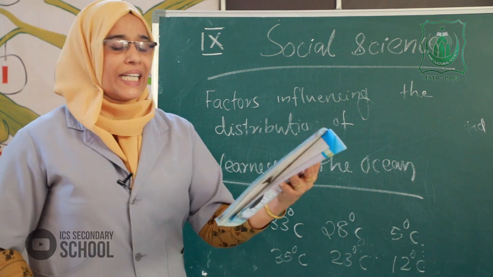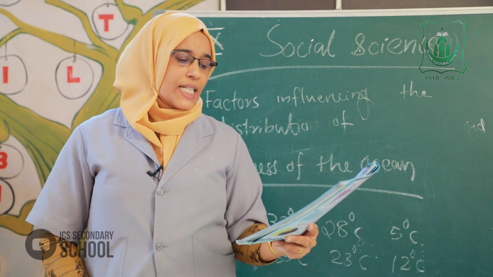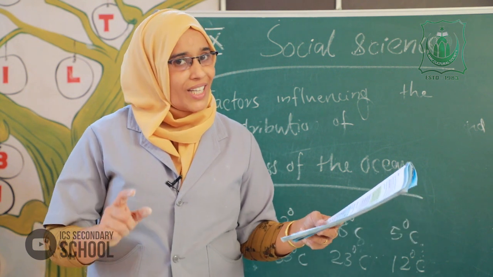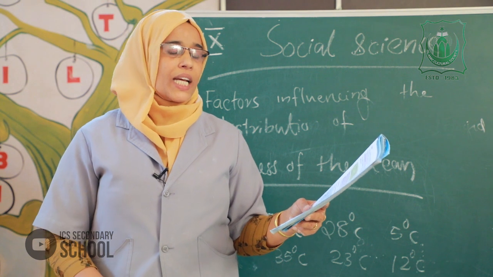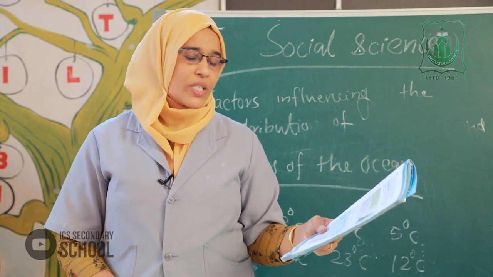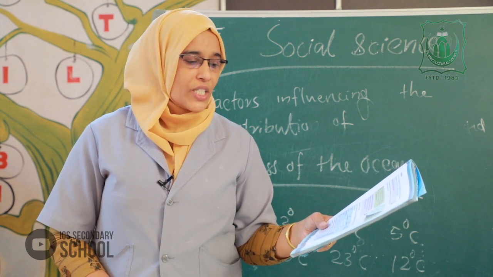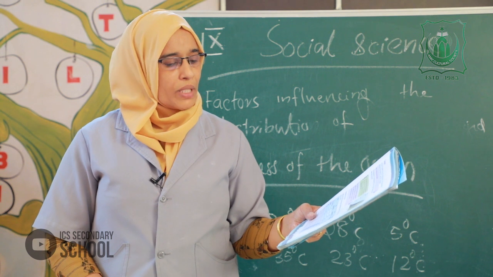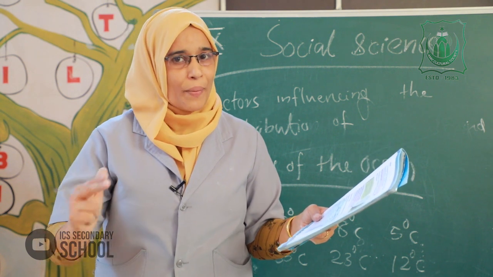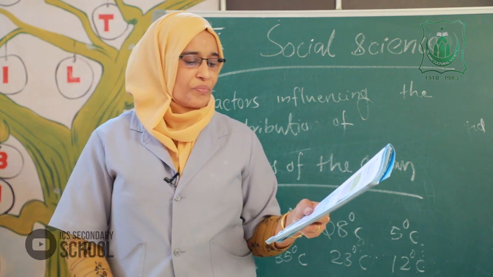Then next Delhi, maximum temperature 38 degrees Celsius, minimum temperature 21 degrees Celsius, then range of temperature 17 degrees Celsius. Then next Goa, 33 degrees Celsius maximum, minimum temperature 27 degrees Celsius, then range of temperature 6 degrees Celsius.